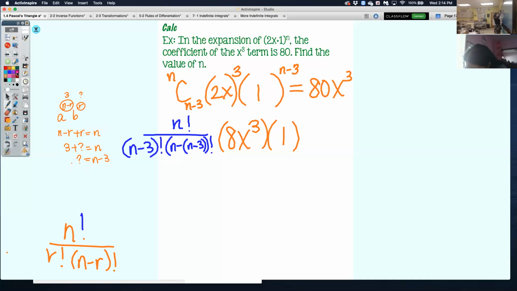All I did was take those values and plug them into the formula. That's how I got n factorial all over n minus 3 factorial, times the factorial of n minus parentheses n minus 3. All this still equals 80x to the third.